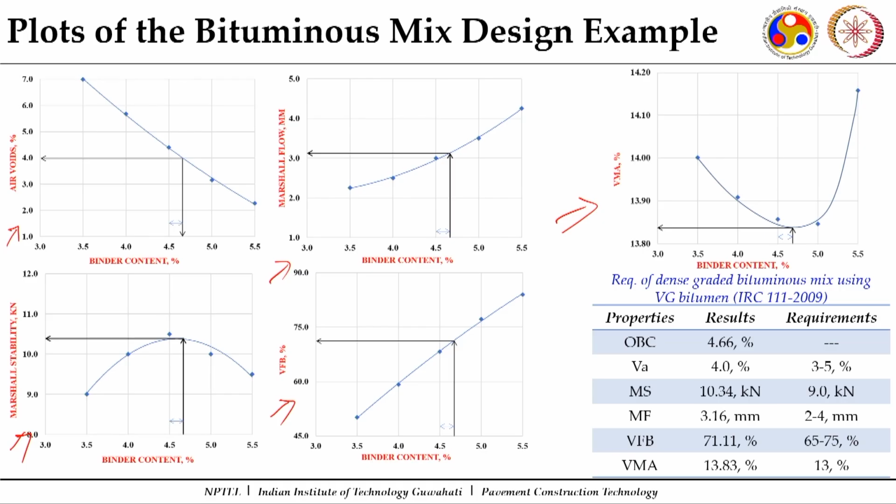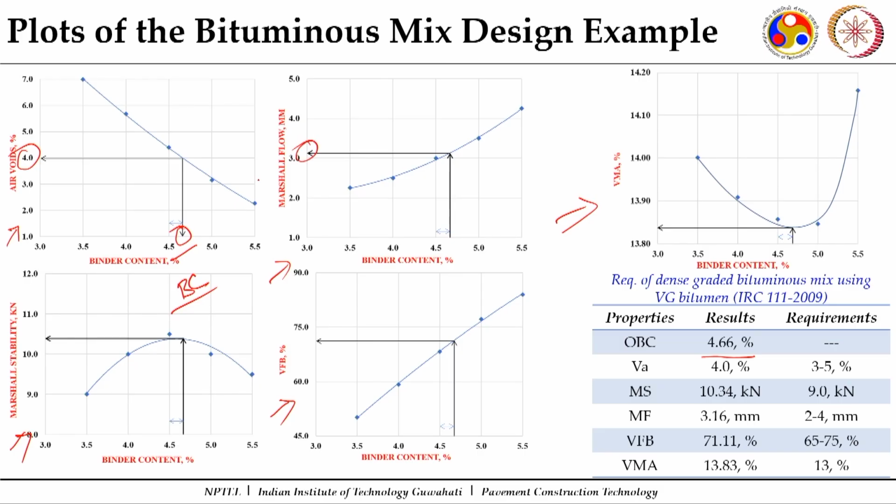So if I am targeting 4% air void content, I will look for this particular one, and there may be a binder content with a value somewhere around 4.66. Now, if my target is an air void content of 4%, I got this binder content, and I now need to check whether all other requirements are being met or not.